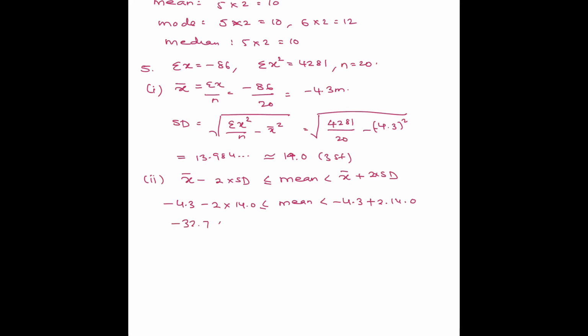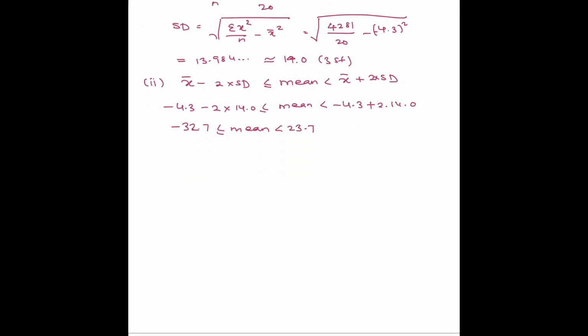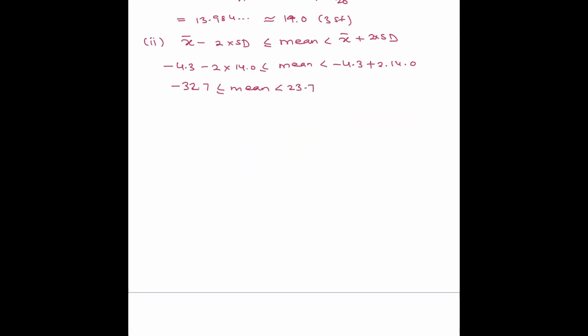So this is negative 32.3 to 23.7, which means any value lower than negative 32.3 or higher than 23.7 is an outlier. Negative 47 is much less than 2 standard deviations from the mean, so it's an outlier.